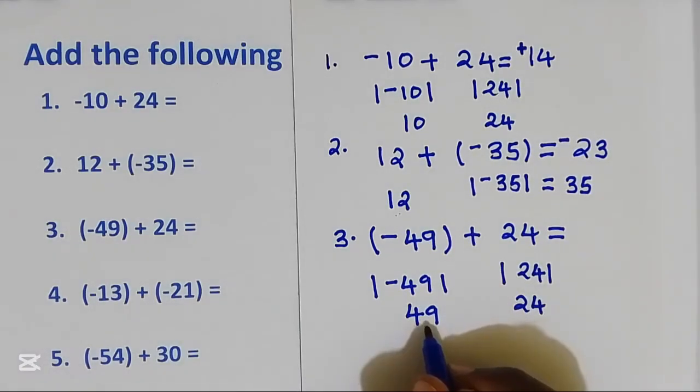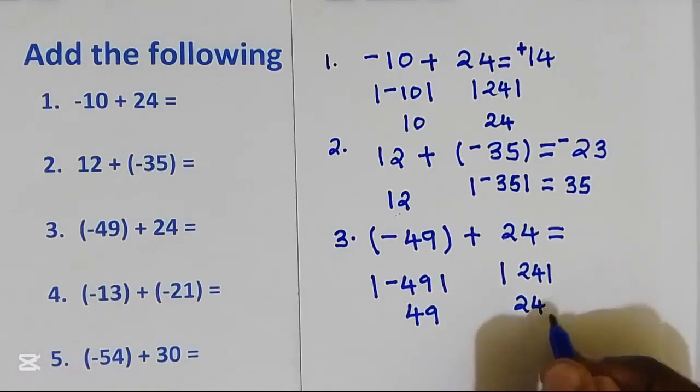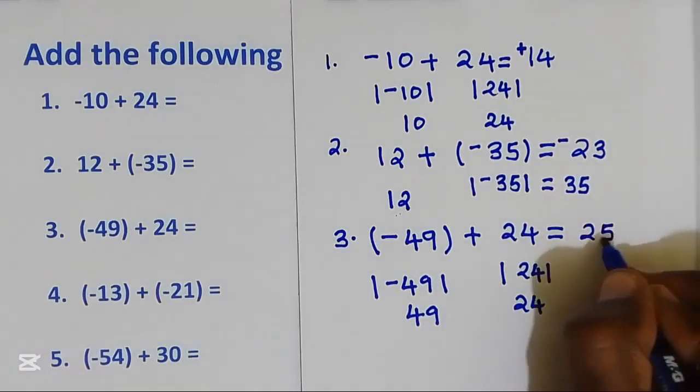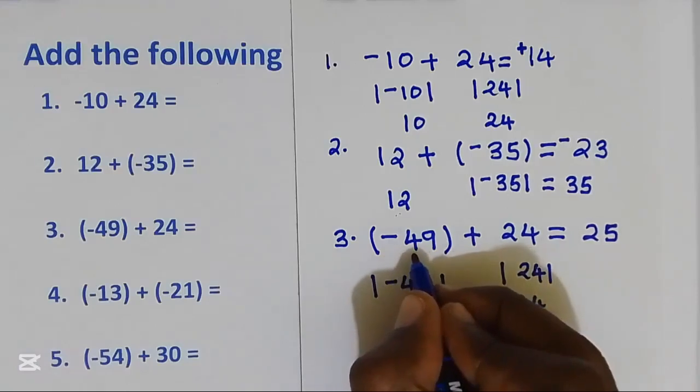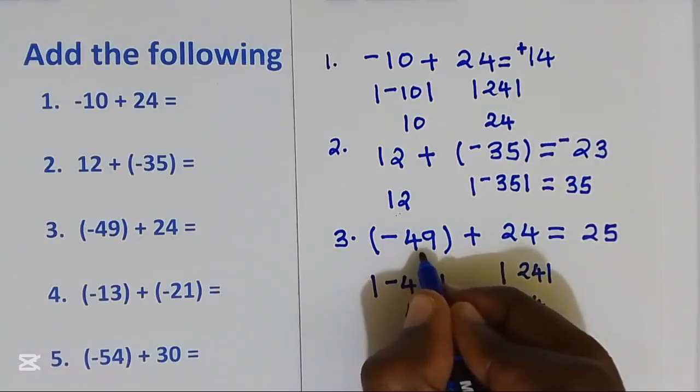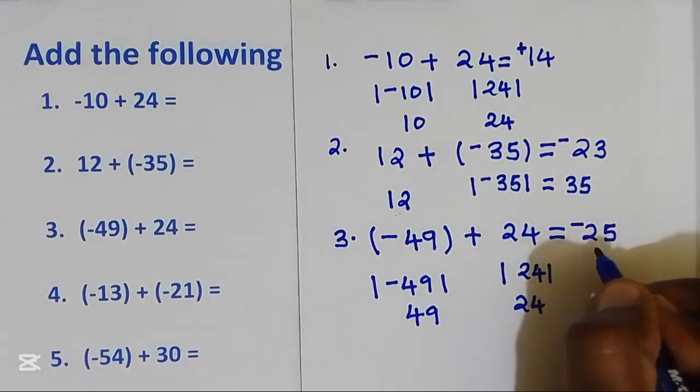Then we are going to find the difference of 49 and 24, that will give us 25. Now, what is going to be the sign of the answer? It is going to be negative because the big number in quantity is negative. So the answer is going to be negative 25.